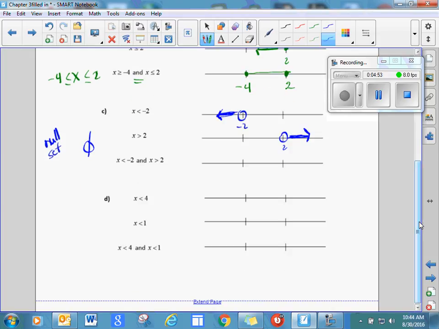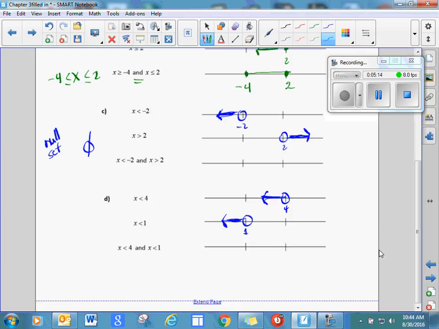One more for this video. x is less than 4, and the other target number down here is 1, so I'm going to start at the 4. I want the numbers smaller than 4, and I want the numbers smaller on this one, less than 1.